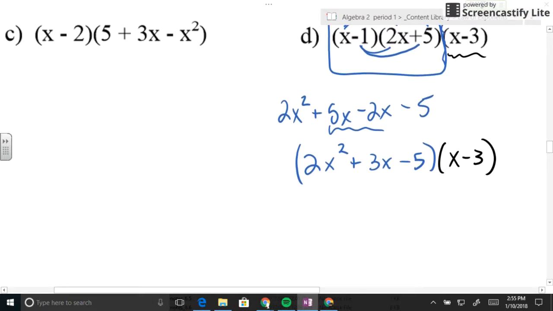I'm going to distribute the 2x squared to the x and to the 3. So 2x squared times x is 2x cubed. 2x squared times negative 3 is a negative 6x squared.